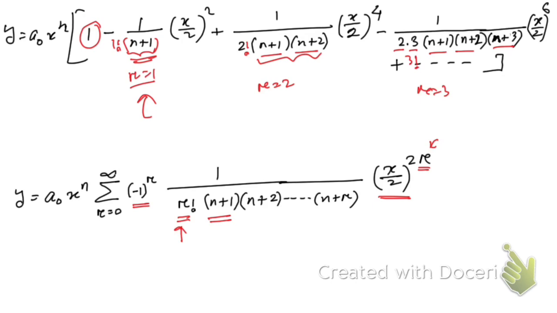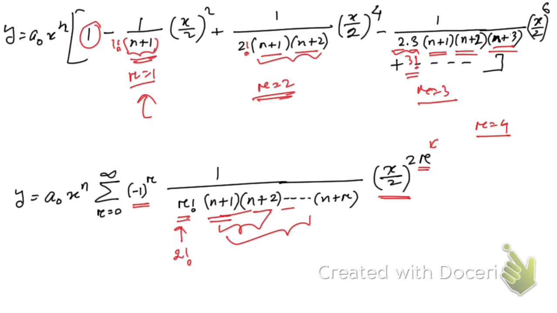When r is equal to 2, you take n plus 1 into n plus 2, and it is factorial 2. This 2 into 3 is factorial 3, and for r is equal to 3 we take n plus 1 into n plus 2 into n plus 3. When r is equal to 4, you take 4 terms here, n plus 1 up to n plus 4. And when r becomes r, you take this up to n plus r.